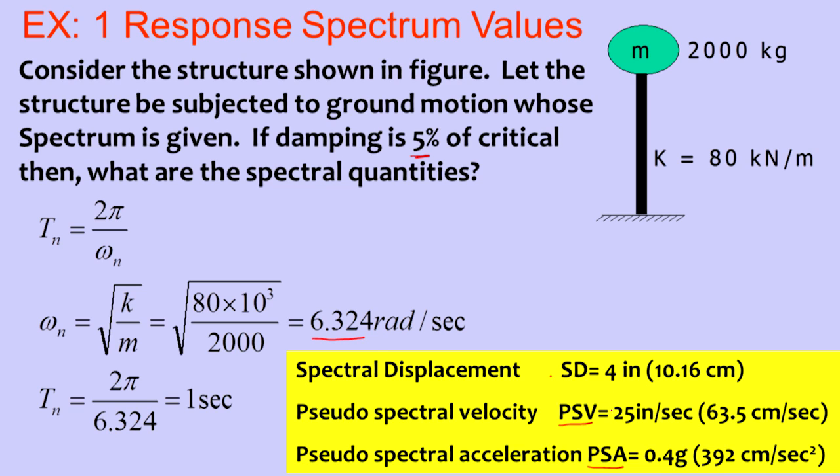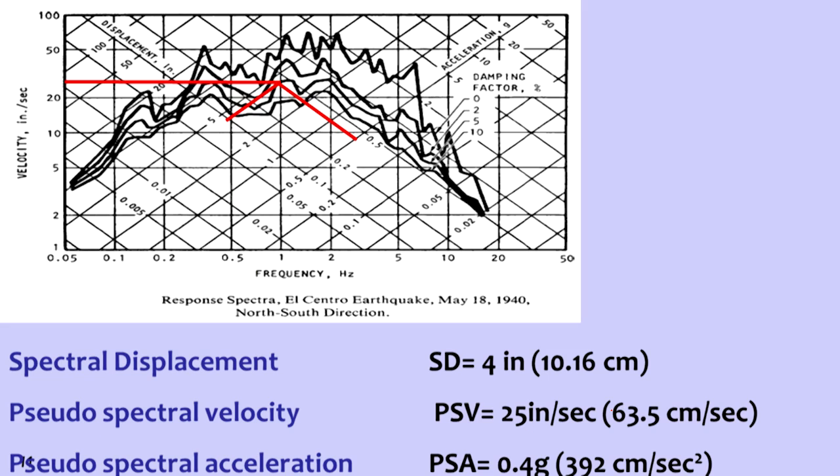How did we get it? Now let's look at this chart. I took the natural period, which is 1 second. Frequency is equal to 1 by T, so 1 by 1 is 1 hertz.